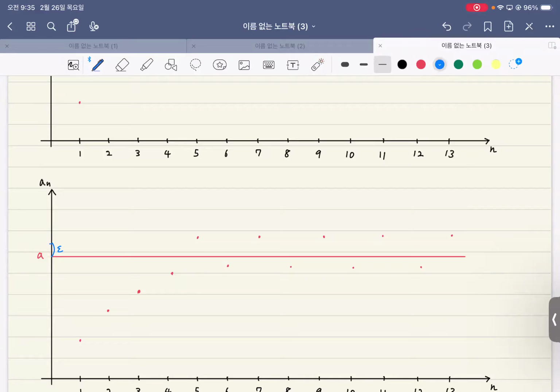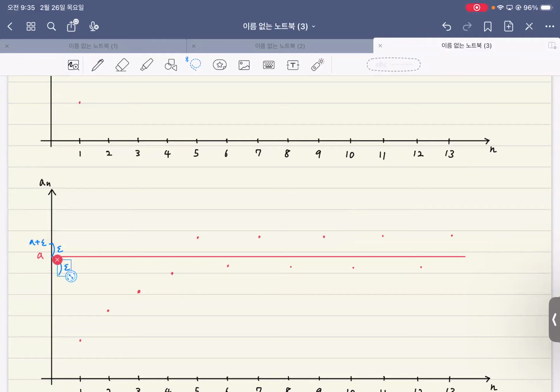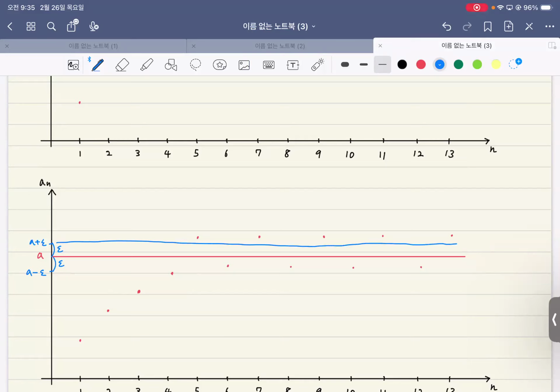So this is A plus epsilon, and this is my A minus epsilon. Now we're going to see why this epsilon does not allow any such n.